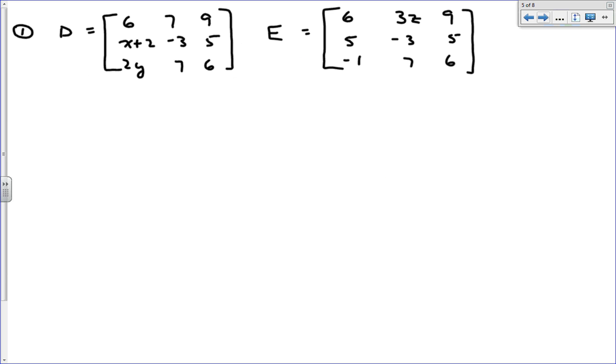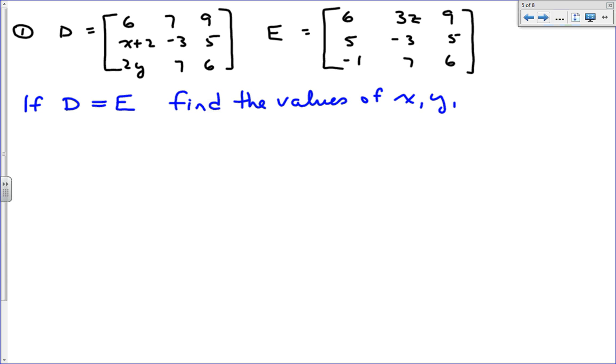Here's an example of a question that we can answer based on the knowledge of equal matrices. If matrix D equals matrix A, find the values of x, y, and z. Okay, so if these matrices are equal to each other, we know that x plus 2 is in the same location as 5.